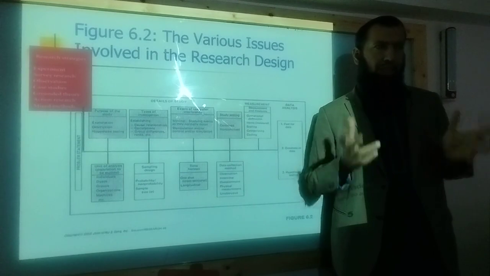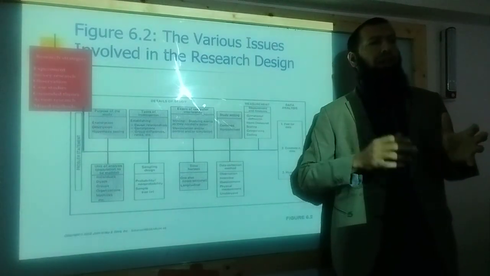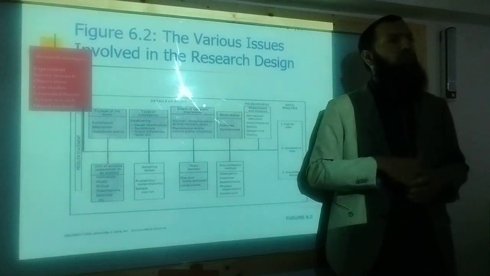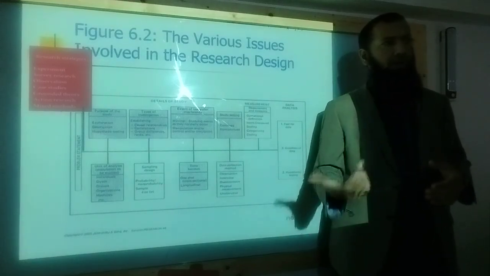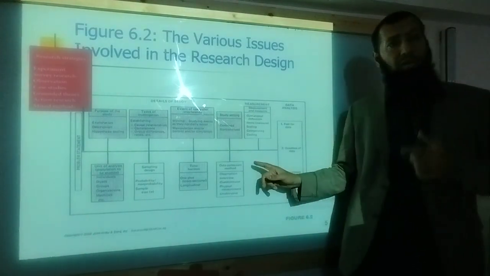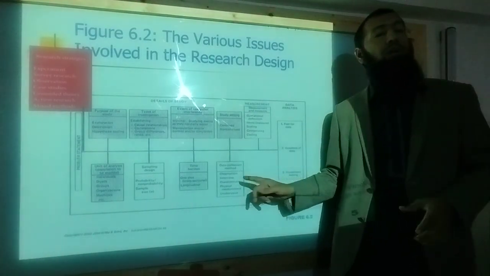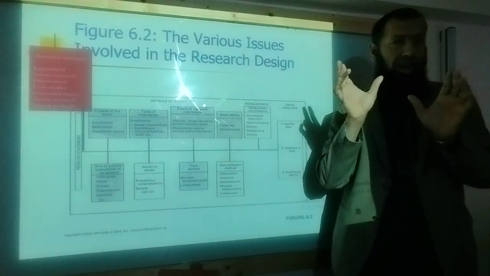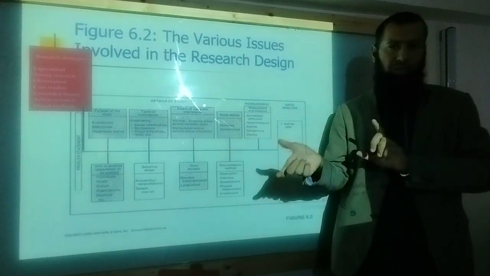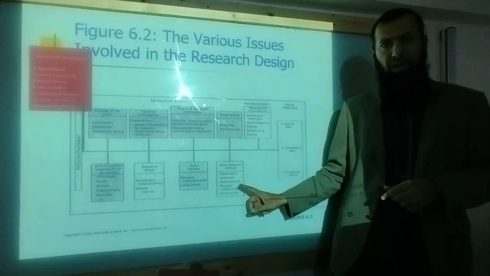When you make minor changes and then collect the data, that is called adaptation. So either you adopt or adapt. In both ways you can collect the data, but you need to mention from whom you have adapted or adopted, from which research paper, from which researchers.